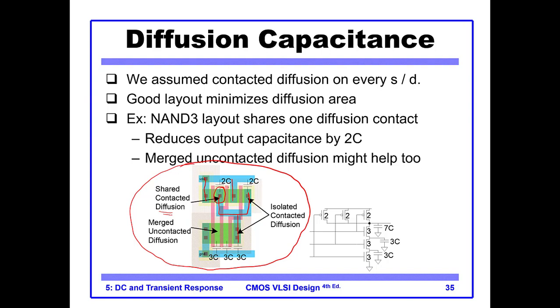And when you lay out your circuit like this, so that this PMOS and this PMOS have a shared capacitance, then at the output, because this is the output line, instead of 9C, which was for our 3-input NAND gate, instead of 9C we have 7C.